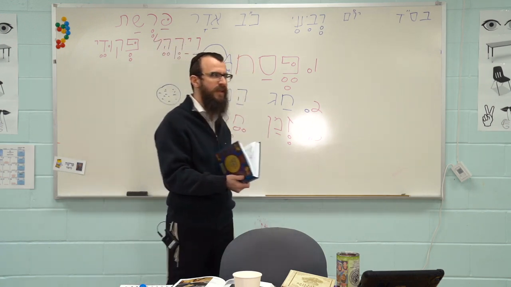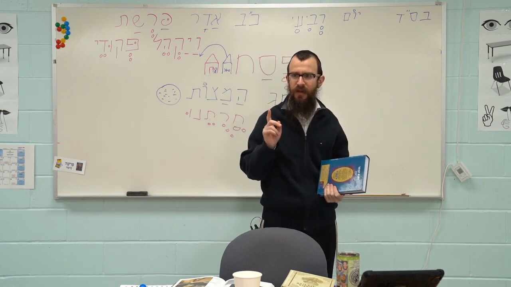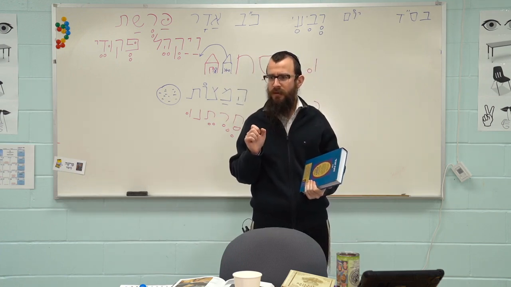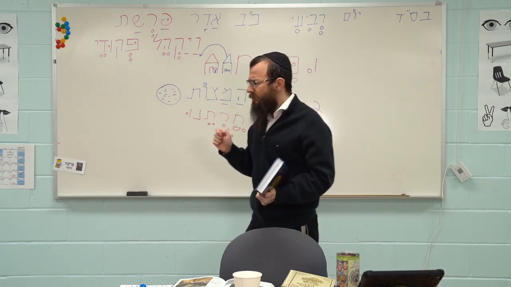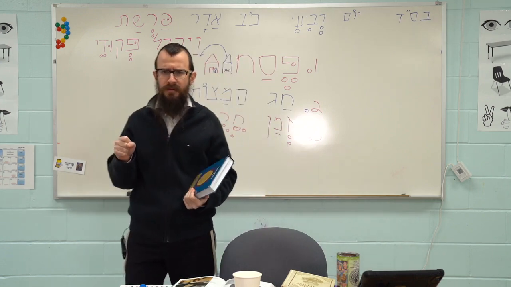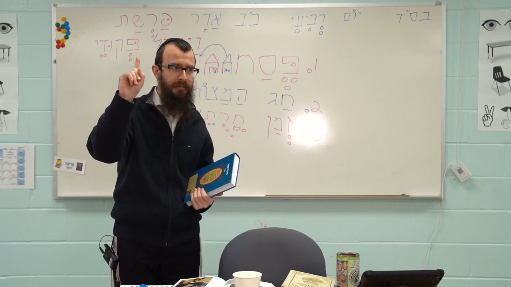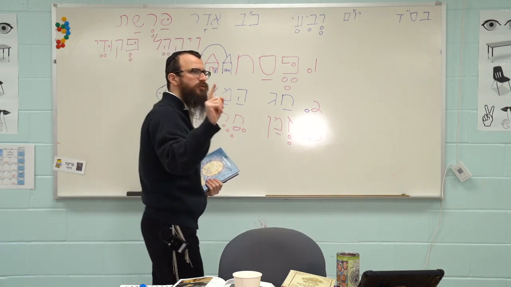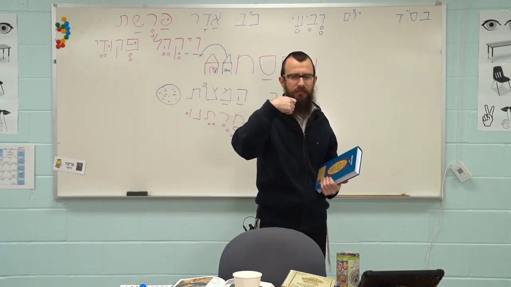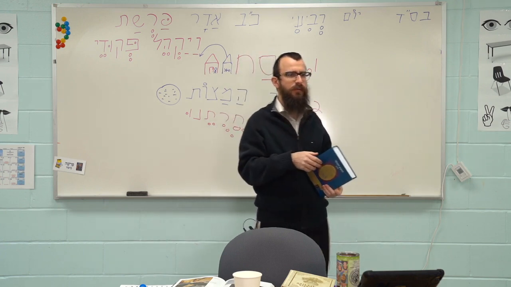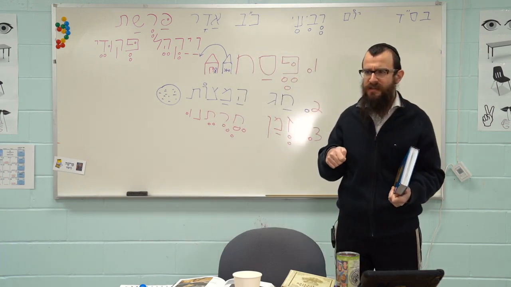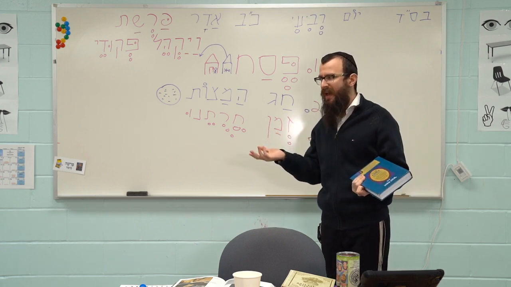Today's Hayom Yom says you have to know that Hayom lo, the 3rd time it says Hayom today, lo, no. Sounds like you're not supposed to eat in the 3rd Seudah.